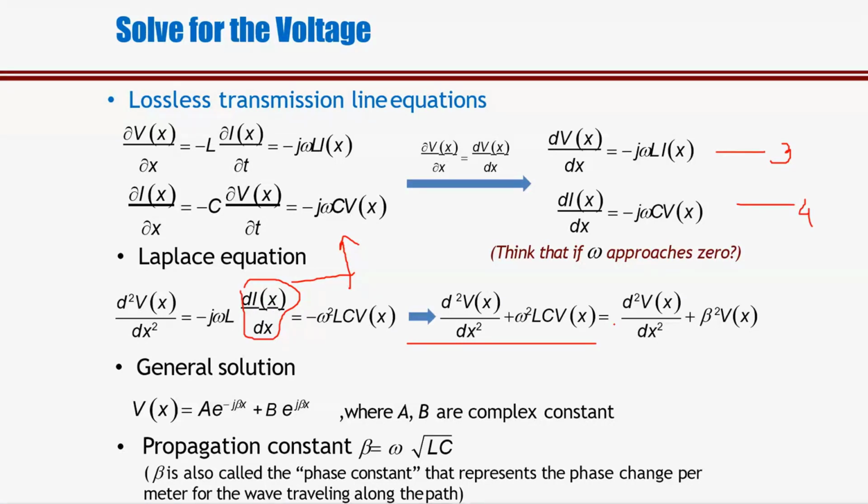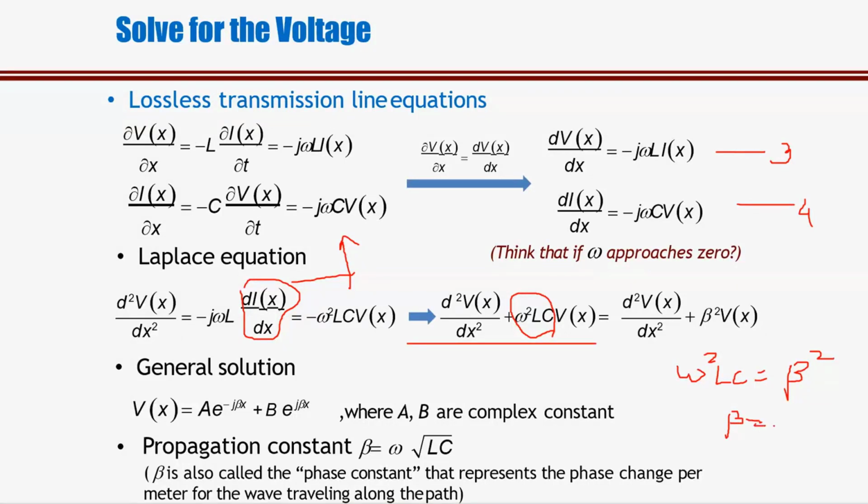Right. So my complete equation has changed to d2V by dx square plus omega square LC V(x) is equal to d2V(x) by dx square plus beta square V(x). I call this term omega square LC as beta square. Therefore, what is beta?